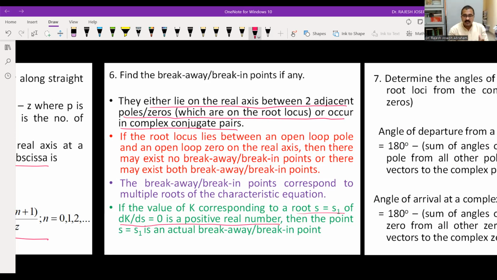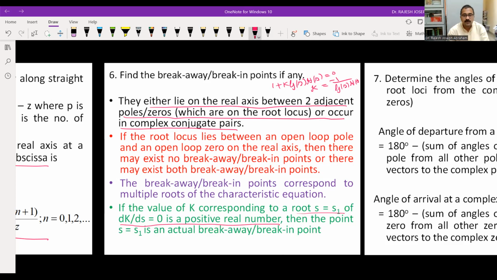So how to check numerically whether a given point S1 is a breakaway or not? First you differentiate the equation in k. We know the characteristic equation: 1 plus k G(s)H(s) is equal to 0. From here you separate out k, which will be minus 1 by G(s)H(s).